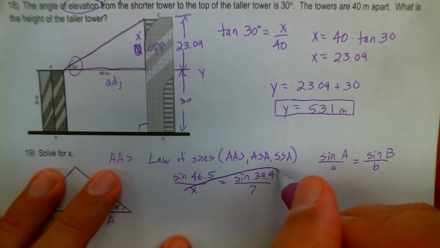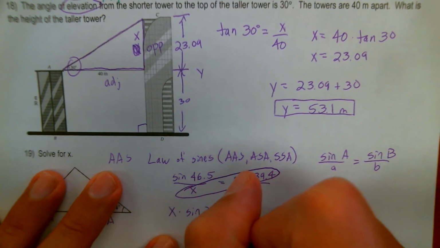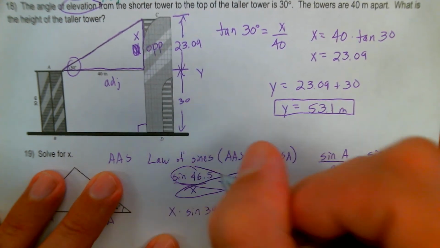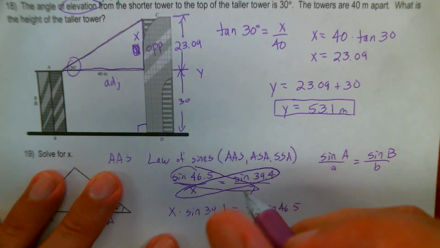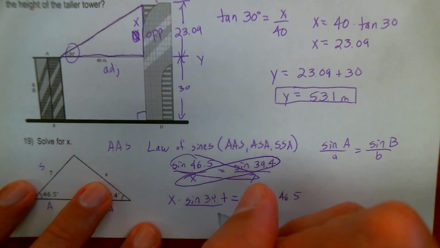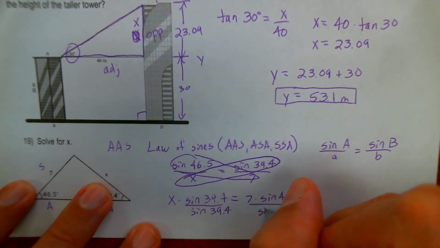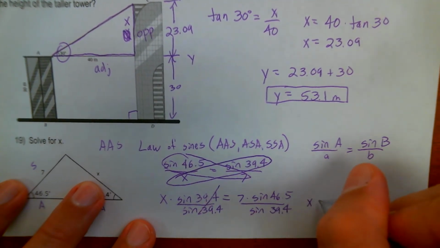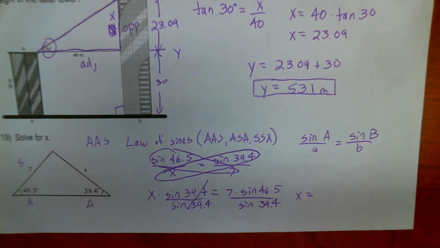Now I can cross multiply, do the butterfly. x times the sine of 39.4 is equal to 7 times the sine of 46.5. Over here I need to get x by itself, so I'm going to divide both sides by the sine of 39.4. Those will cancel, and I'm left with x is equal to 7 sine of 46.5 divided by sine of 39.4.